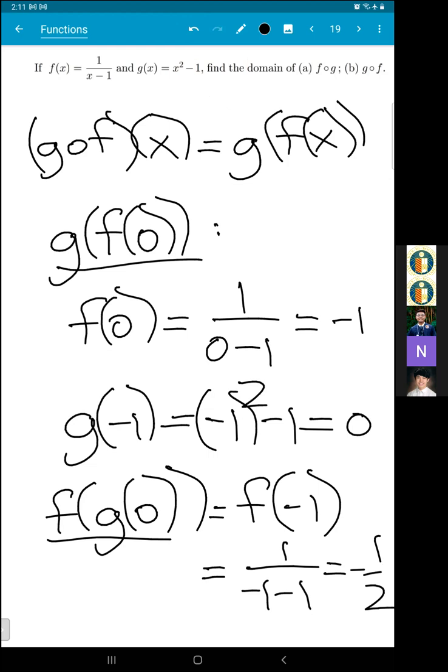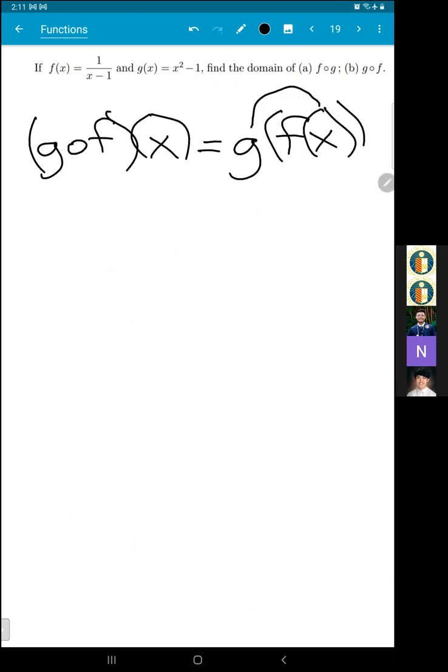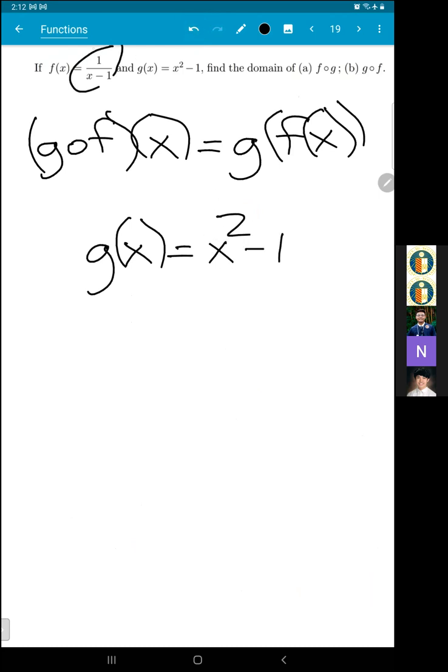So again, let's get one formula for the composition g of f. This time it is the f that has to be plugged into the g. So this is your f. You plug it into g for every occurrence of x there. So this is your g of x equals x squared minus 1, and we will replace this x by this whole expression.